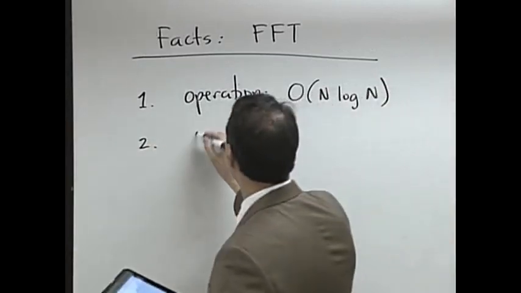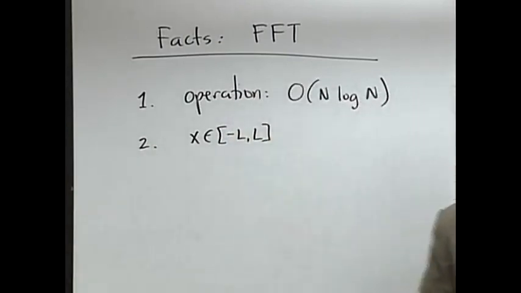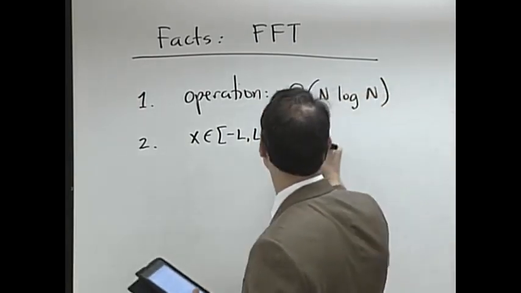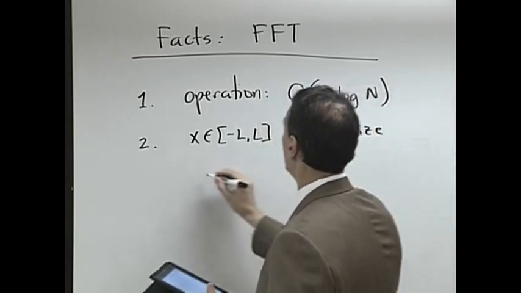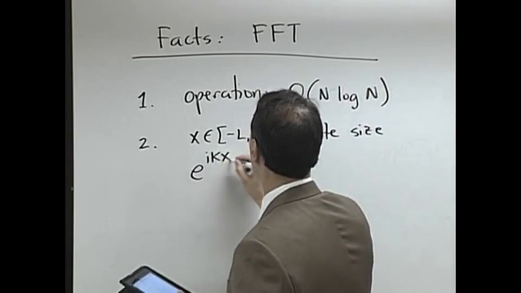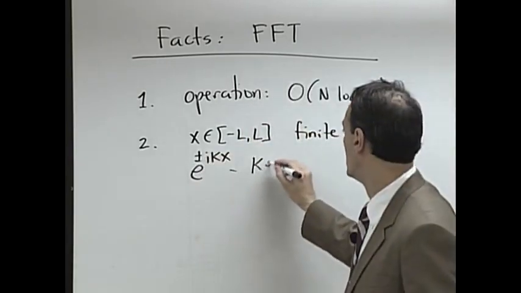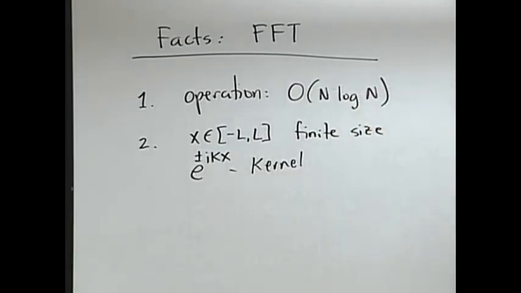Now, if you can use it, that's kind of the big thing. Remember that we're actually going to work on this domain now. Not negative infinity to infinity, but minus L to L. Finite size domain. And remember that our kernel is things like this. This is our kernel. That means we have periodic boundary conditions.